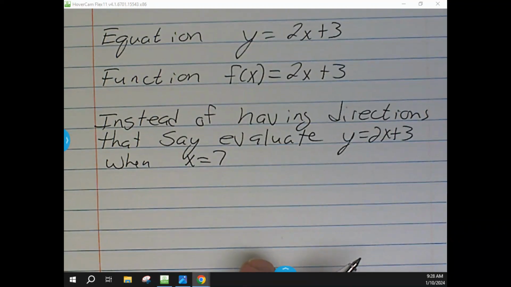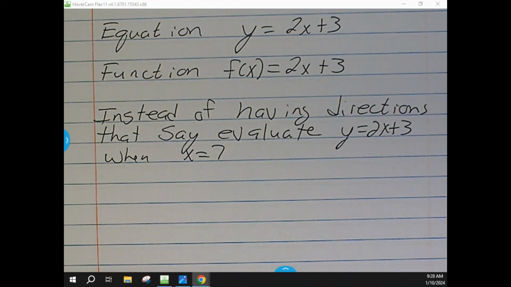Because that's the old way of working with it. They would give you an equation, tell you, here's the equation. We want you to evaluate. We want you to plug in x equals 7. Tell us what the answer is in this case.